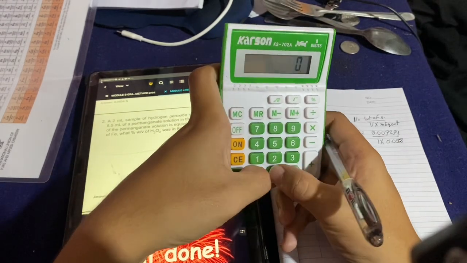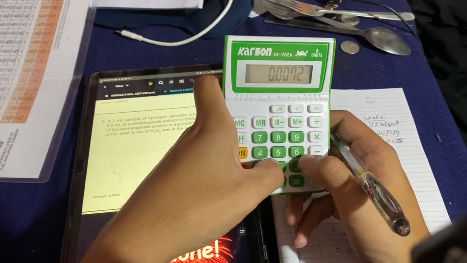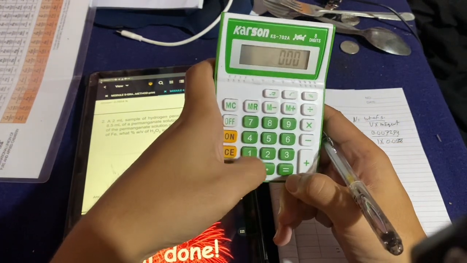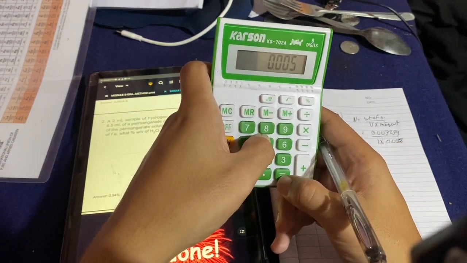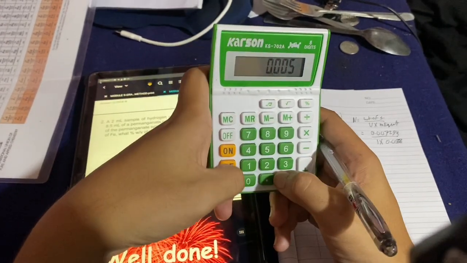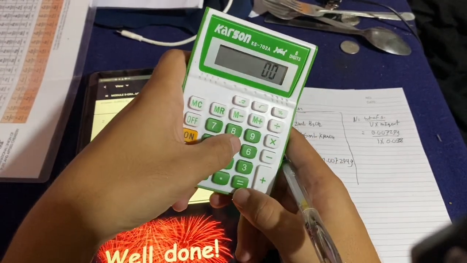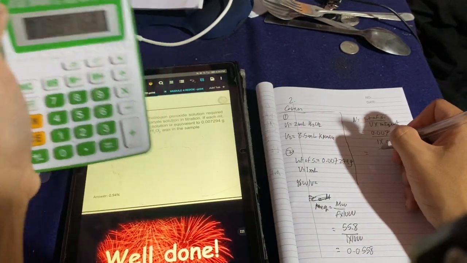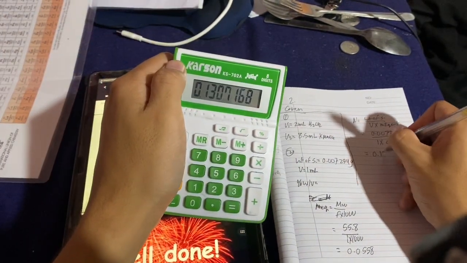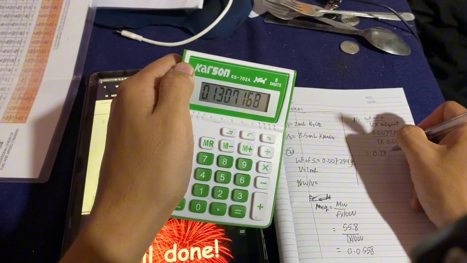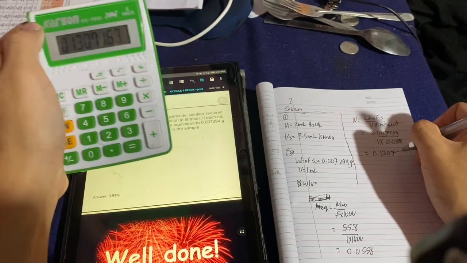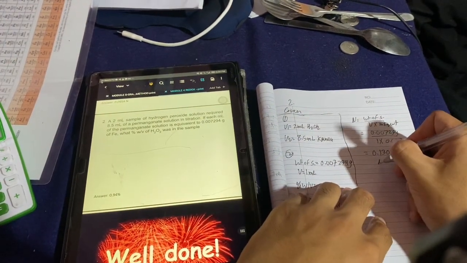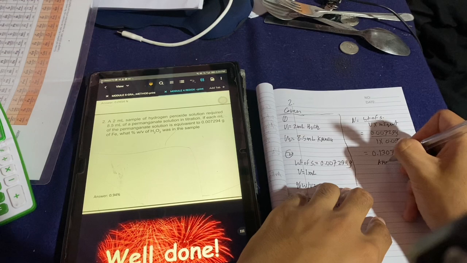So in order to calculate, 0.007294 divided by 0.0558 will be equivalent to 0.1307. So that's our normality for a permanganate solution, or for potassium permanganate.